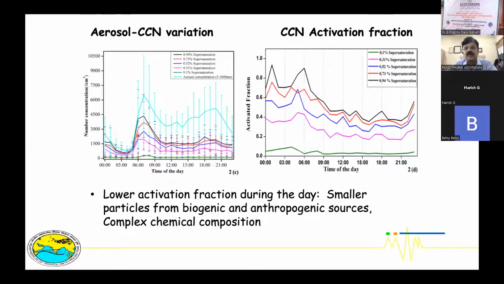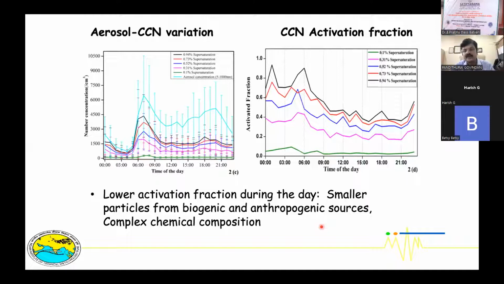What you can clearly see is that in the early morning hours you have a higher activation fraction, whereas during daytime you have more aerosols but the activation fraction is reduced, mainly because biogenic and anthropogenic sources emit smaller particles with a complex chemical composition, which leads to a reduction in activation fraction.